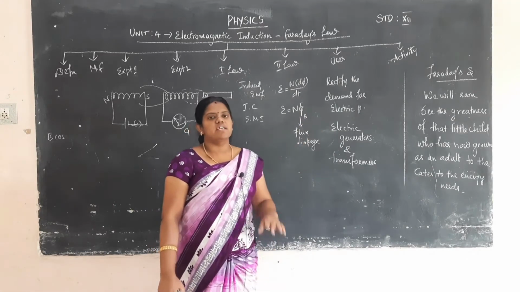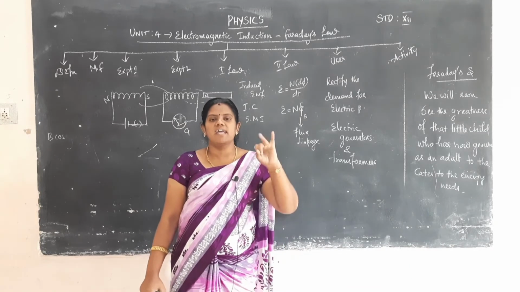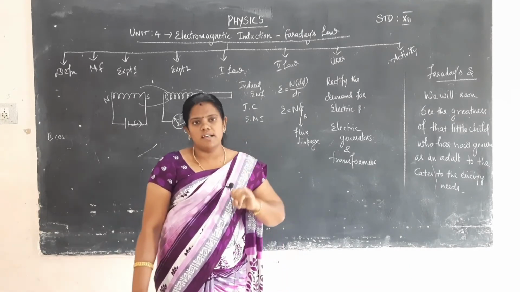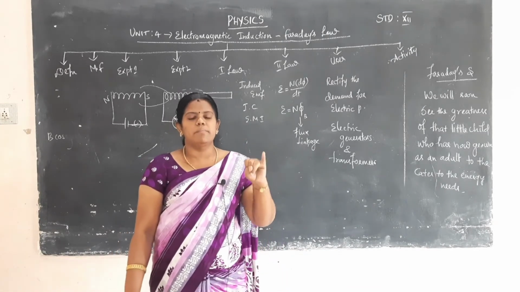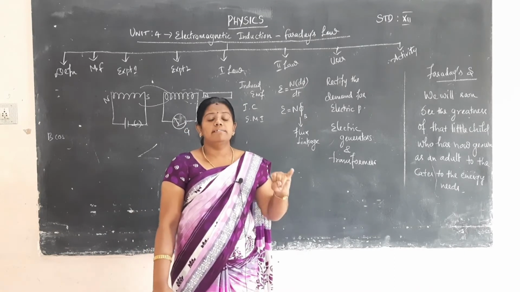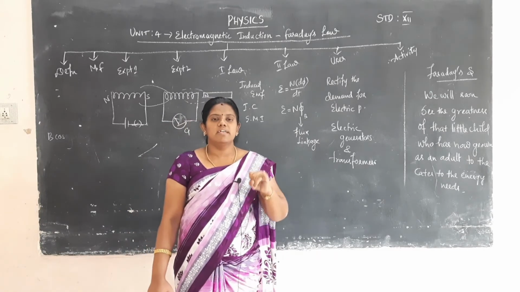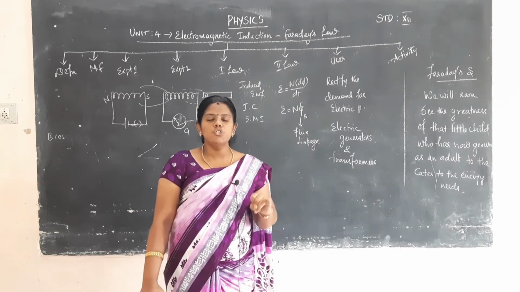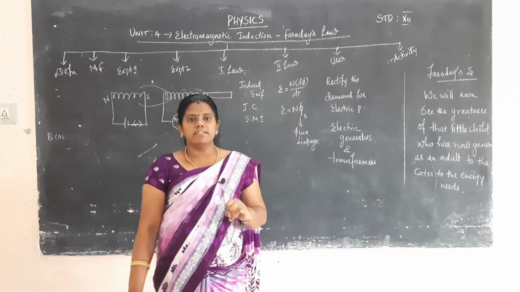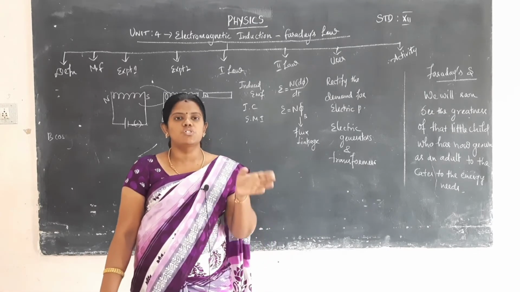So this is Faraday's first law and second law. Again I tell Faraday's first law: whenever the magnetic flux linked with a coil changes, at that time an EMF is induced in the circuit, and that EMF is called the induced EMF. At that time the current is induced in the circuit, and that current is called the induced current.